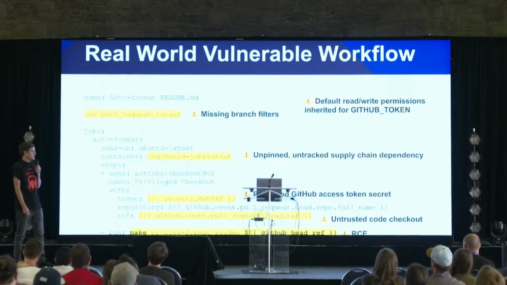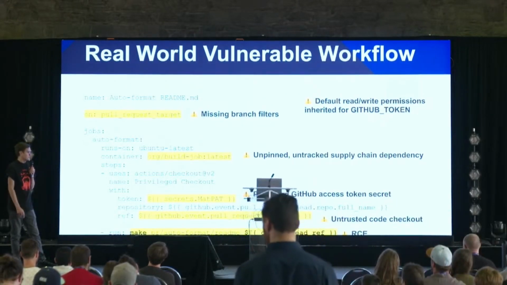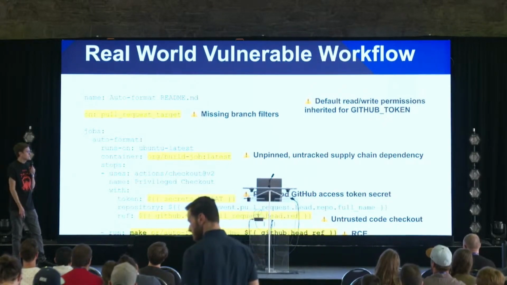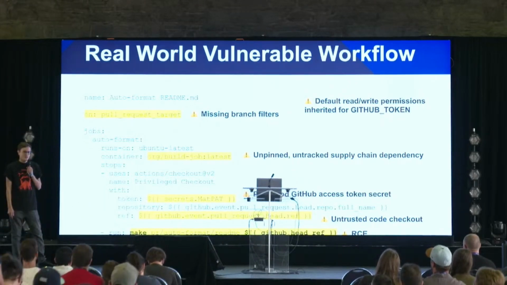And there's also the permissions that the workflow has. So in this case, it's given a fairly privileged access token. It doesn't define permissions, so it defaults to read-write access on the repository. So this set of problems was very common, and we set out to try to find these.